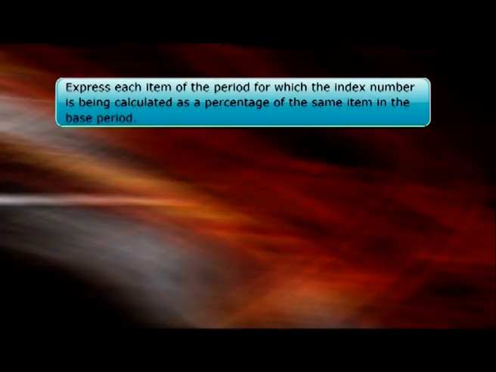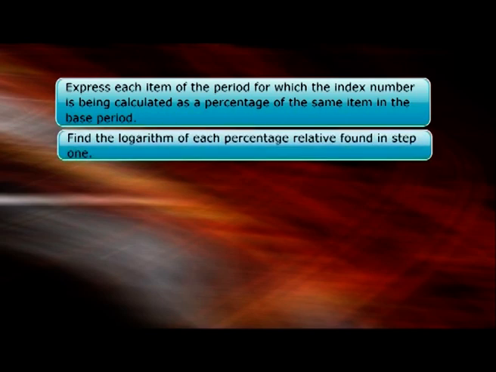The steps involved in the computation of the weighted geometric mean of relatives index number are as follows. Express each item of the period for which the index number is being calculated as a percentage of the same item in the base period. Find the logarithm of each percentage relative found in step 1.